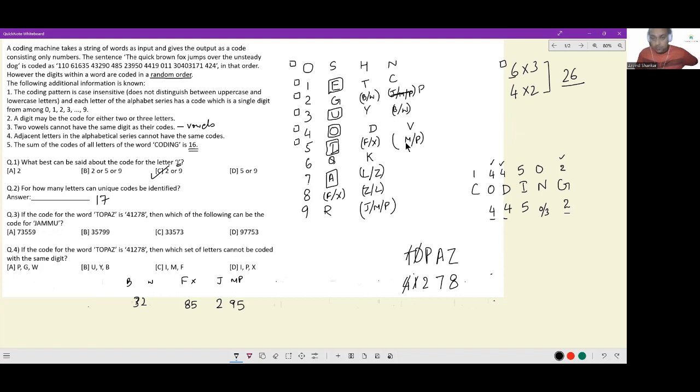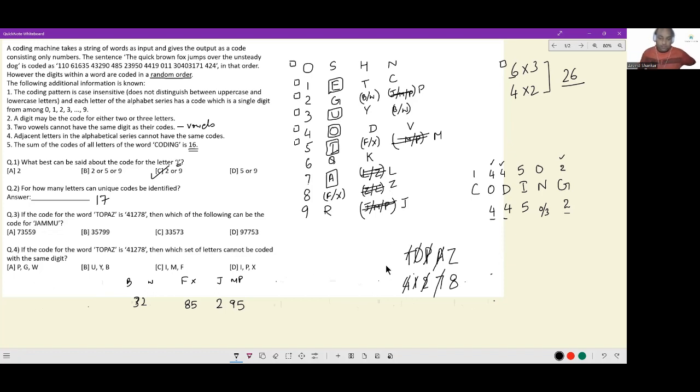If P is 2, then M has to be here and J has to be here. P, M and J have unique spots identified. P is 2. Now A is definitely 7 and Z is 8 now. So if Z is 8, L is 7.